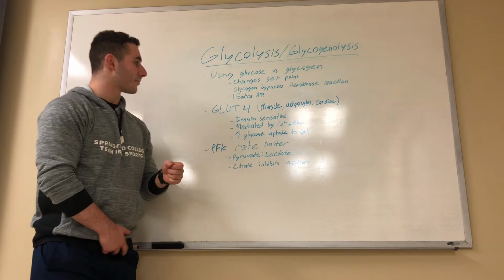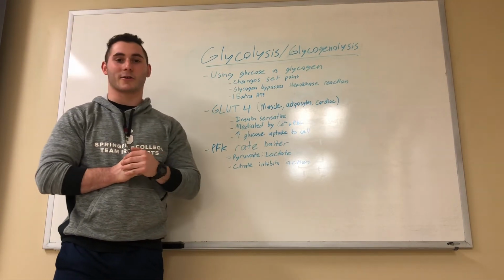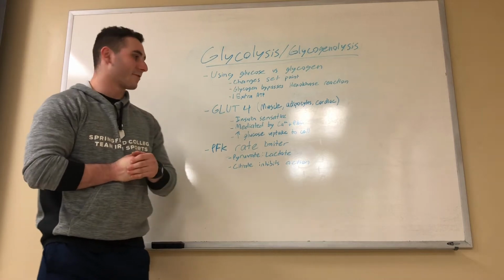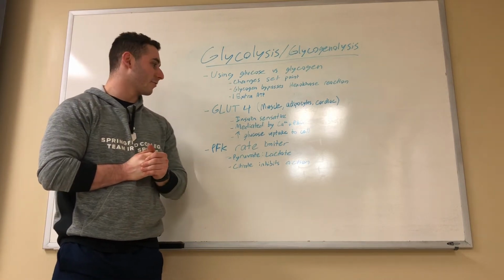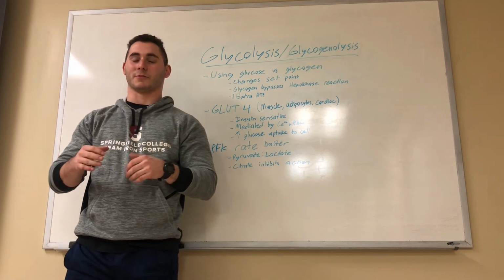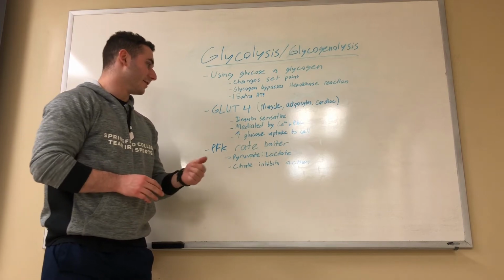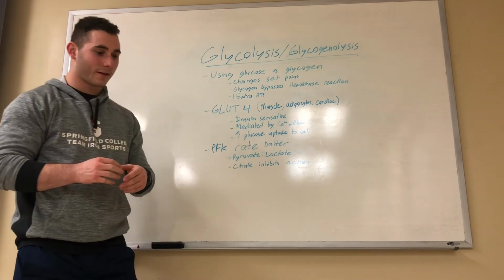Next thing to understand with glycolysis is GLUT4 translocation. These are found in muscle, adipocytes, and cardiac tissue. They're insulin sensitive, so that means when you eat carbs, you're going to release insulin, which we'll discuss later down the road in class. But this is going to increase the activity of these GLUT4s. And it's pretty cool.